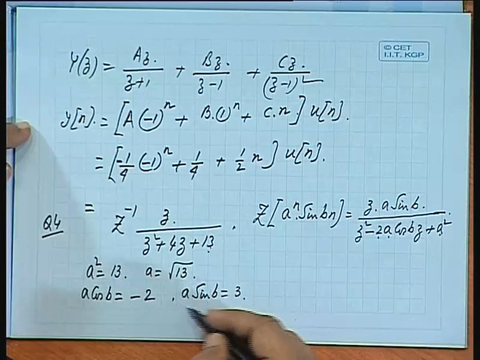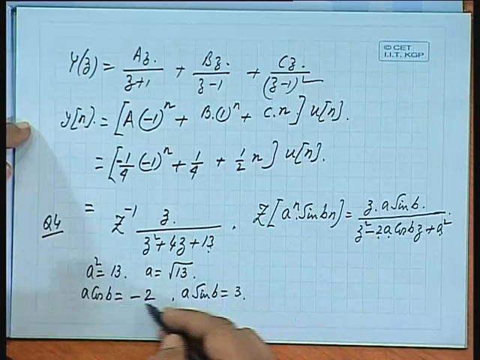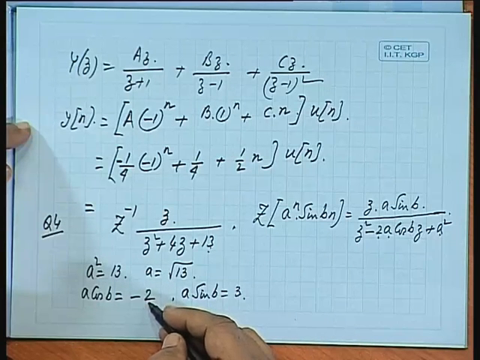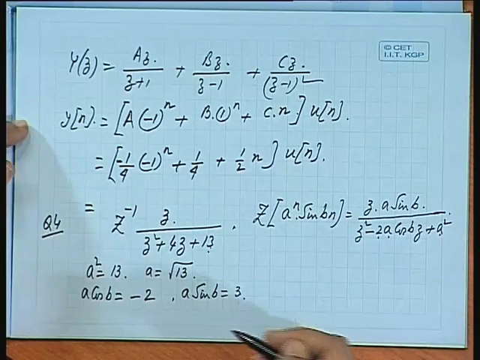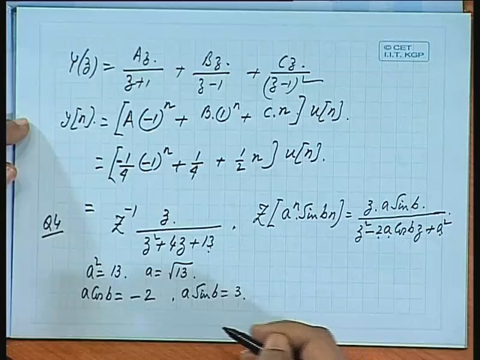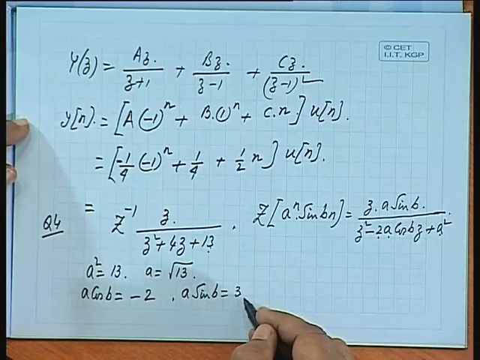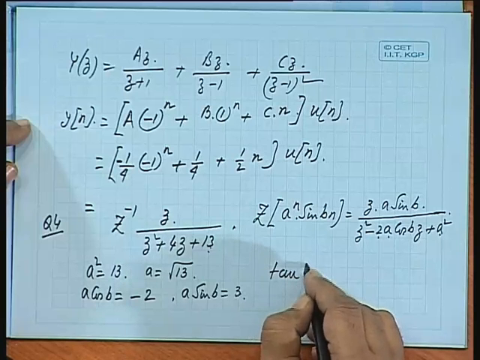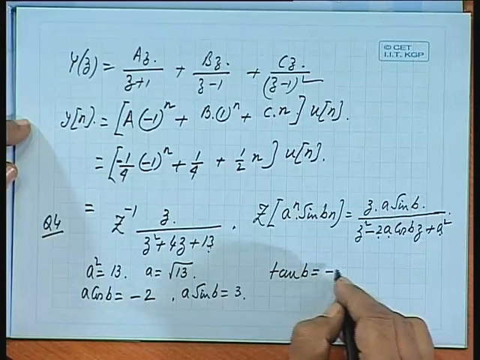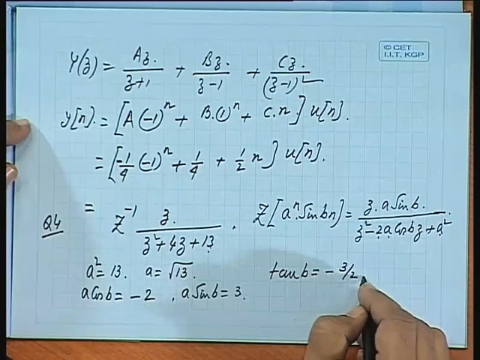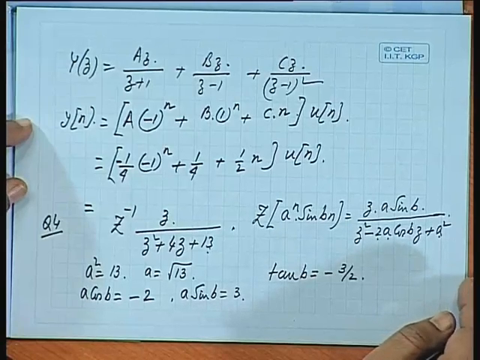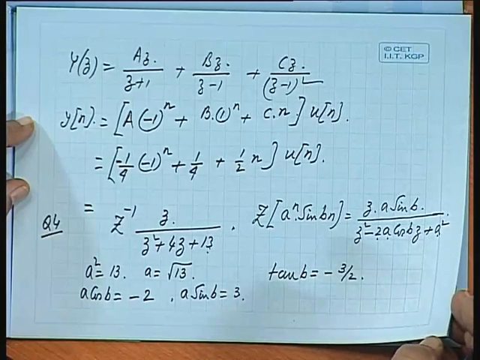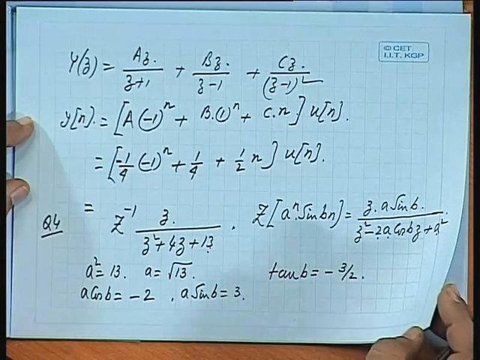A square, this squared plus this squared is 13, and that is equal to a square. A sin b is 3, is that all right? So, tan b is minus 3 by 2. Is there anything wrong?